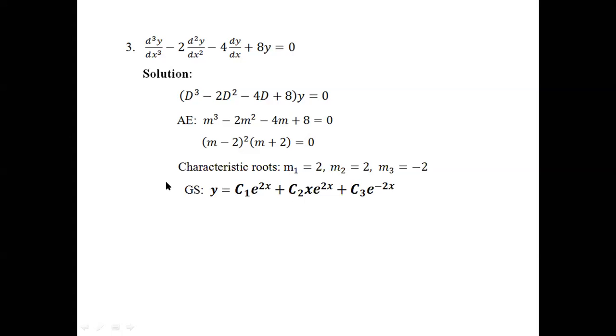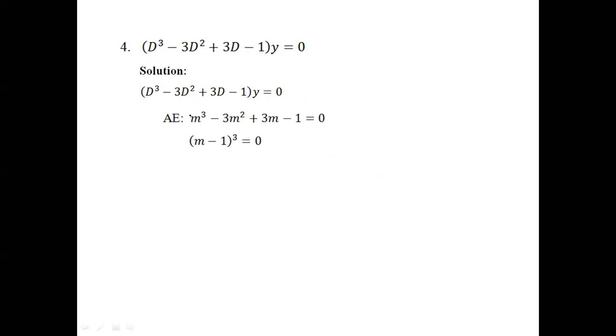For this general solution, we stated that 2 of the solutions are equal, which are M1 is equal to 2 and M2 is equal to 2. So part of the general solution recognizes the fact that 2 of the roots are equal, hence having an x appearing on the second term there.